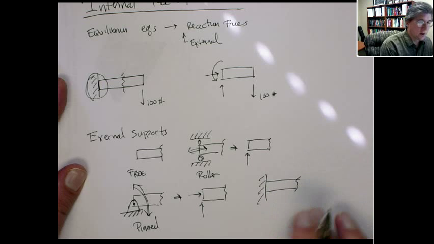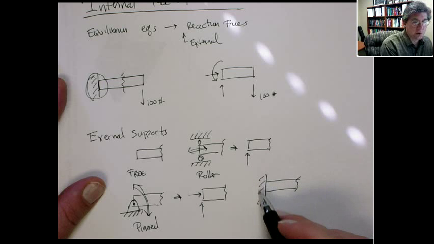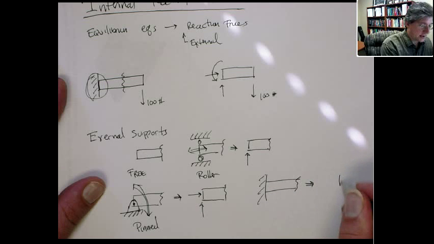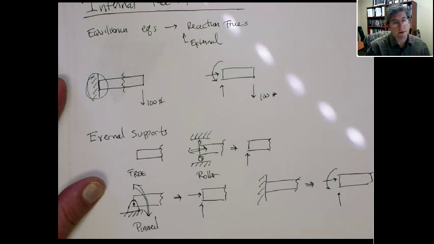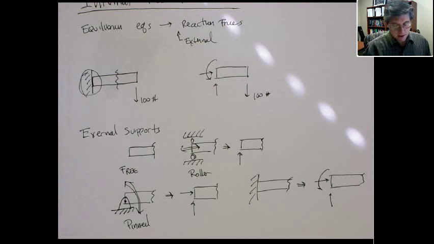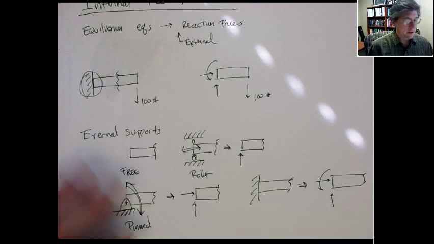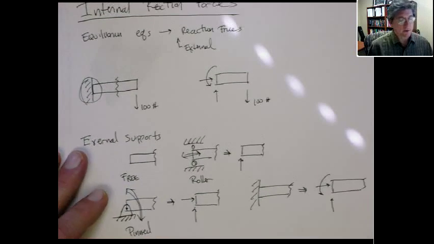Something like that, where it can't translate in x or y or rotate. And this one has the reaction forces we already talked about, both an x and a y reaction force and also a moment. Okay? All right. So last time we used the sum of forces and sum of moments equals 0 to determine these external reaction forces.